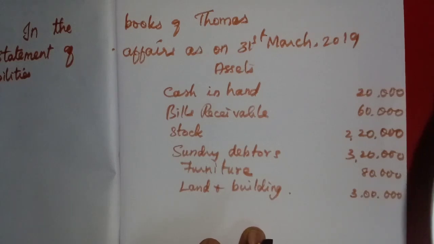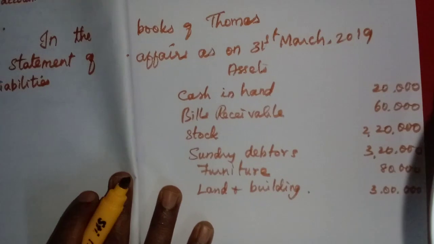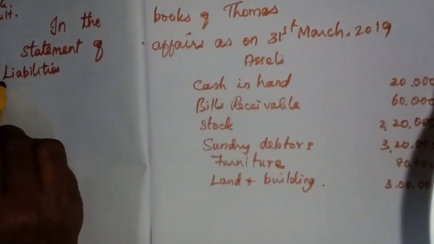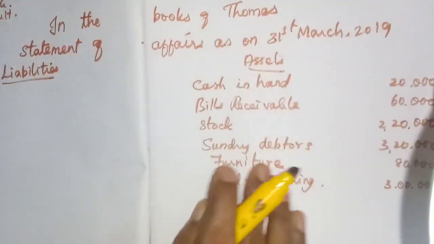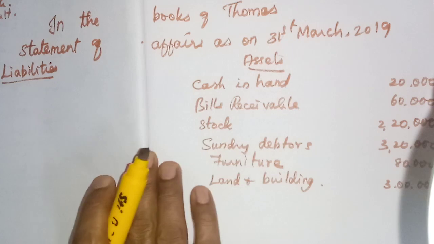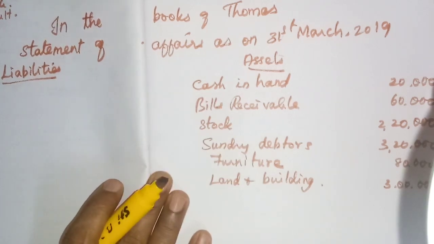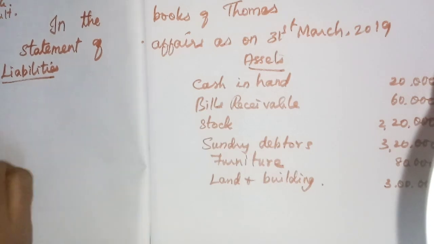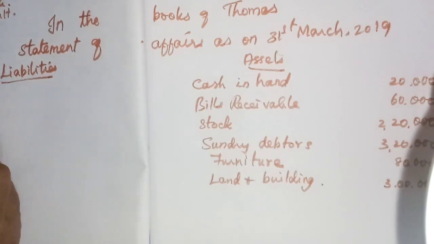Furniture, everything written. Okay, now the credit side. Sorry, this debit side. Here there is no debit and credit side. Here it is only asset side and liability side. So we have to write the liability side. In liabilities, the current liabilities first.